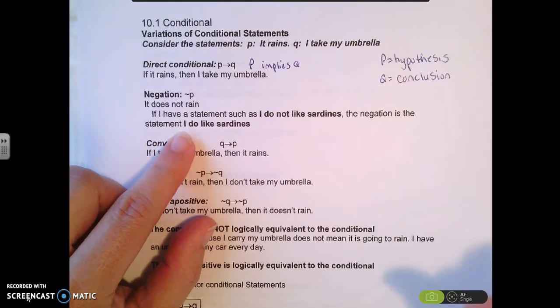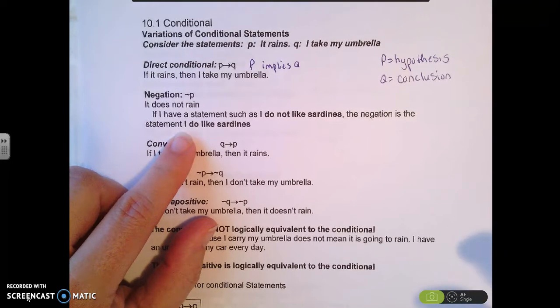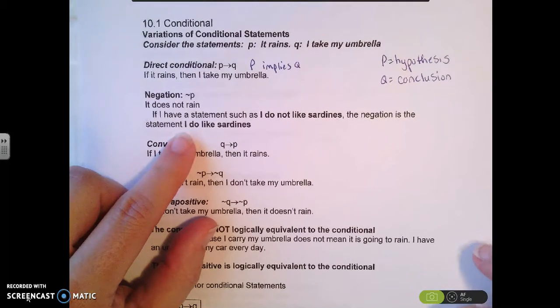So when you're writing the negation, don't do the double negatives. Don't say I do not like sardines. And don't pick something else. Like instead of saying I do not like sardines, say I like pepperoni. So make sure that you still use the same words in the sentence.